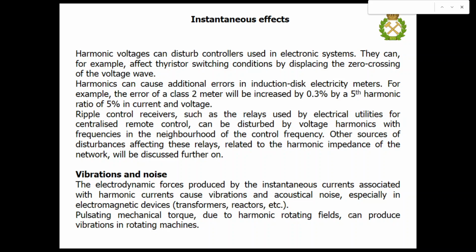And let's consider them. The first group of effects is vibrations and noise. Such effects are connected with the rotating fields and vibrations in rotating machines, and some electrodynamic forces produced by the instantaneous currents associated with harmonic currents.